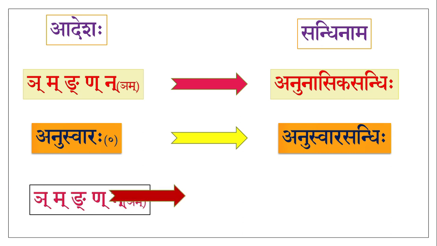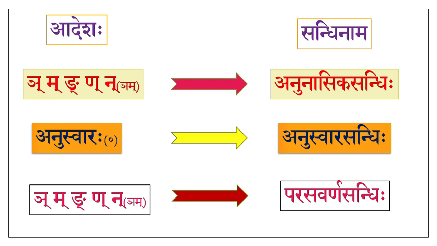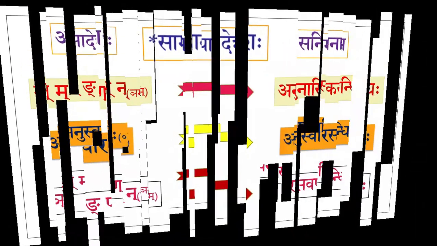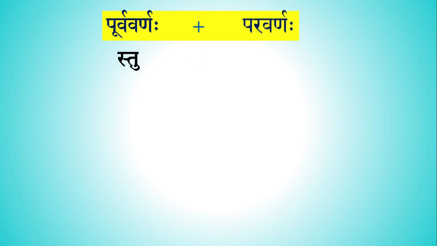Similarly, when we have the letters Nya, Ma, Nga, Na, that is Nyam, again enter, but this time they do so to remove the letter Ma or anuswaraha, which is followed by a vargiya vyanjanam, then such sandhis are called Parasavarna Sandhihi. In all these cases as well, it is Samanyadeshaha. Now, we shall discuss each of these sandhis in detail, giving example for each of them.